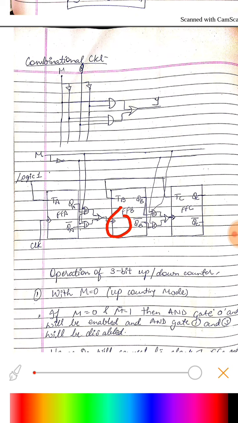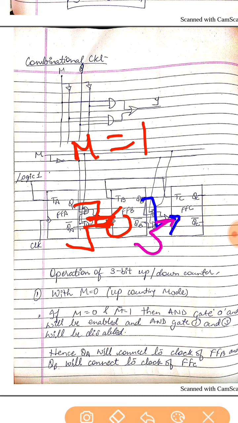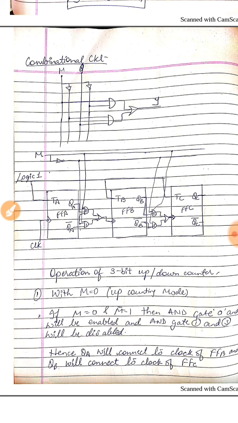So if m is 0, then qa will come here, and if m is 1, then this qa bar would come there. Similarly, if m is 0, this qb would feed the clock, and if m is 1, this qb bar would feed the clock of the next flip flop.